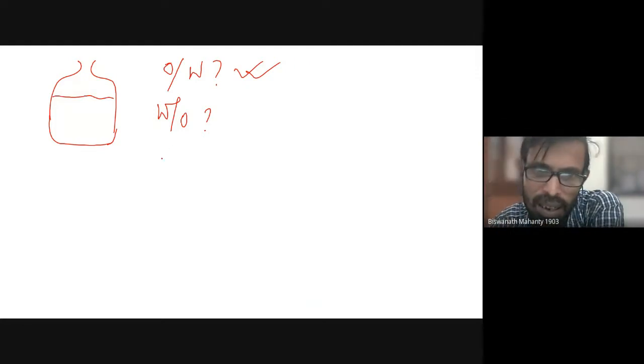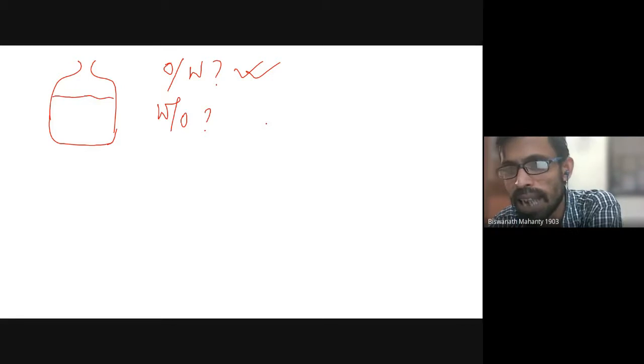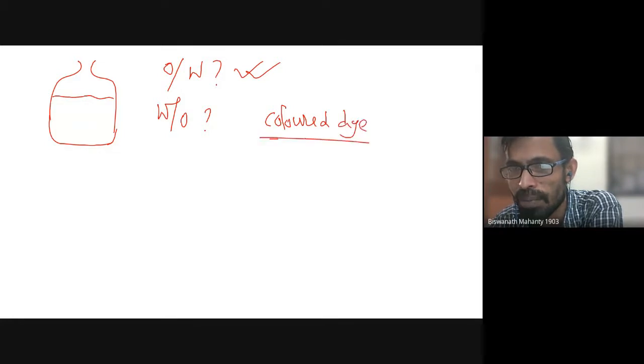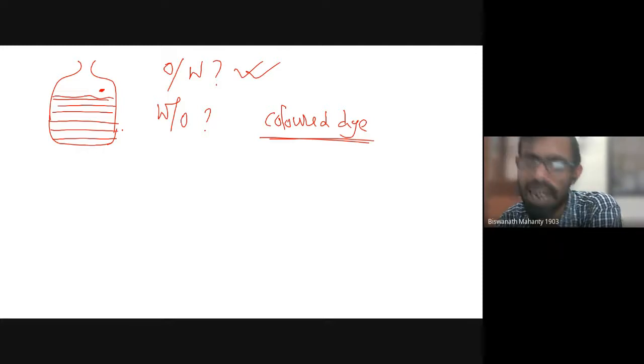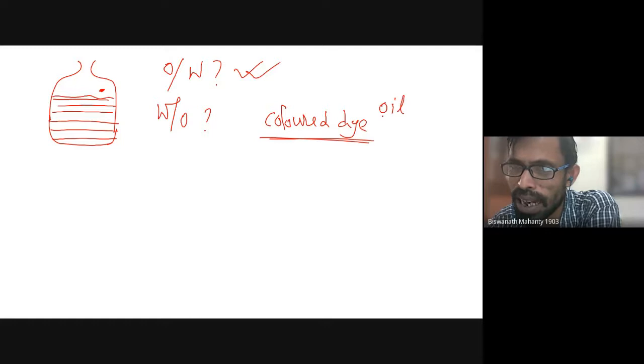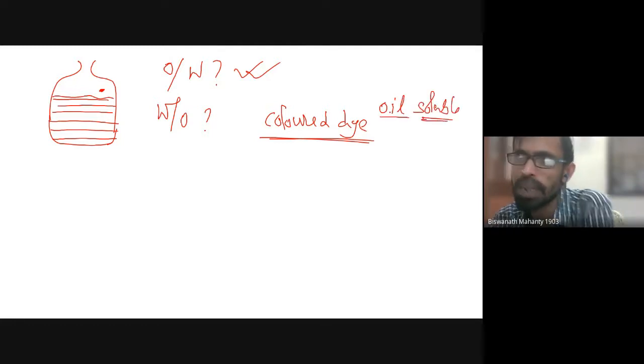Let me talk about putting in some colored dye. That is called the dye test. If I have an emulsion and I put a drop of an oil-loving ink, and the whole emulsion takes the color, and my dye is oil soluble, for example a colored dye which is oil soluble, there are many in our lab also.